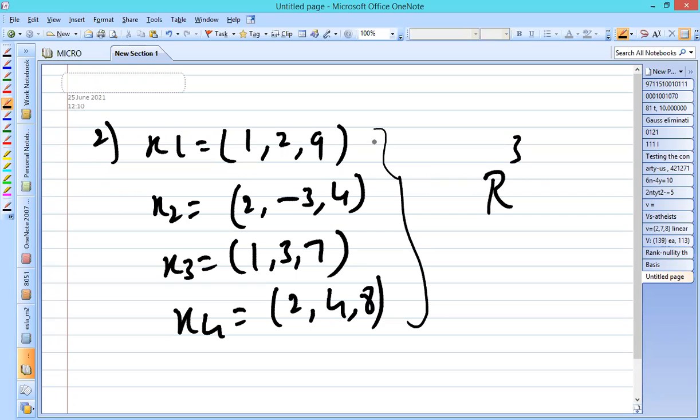Anyone? Whether it forms a basis or not. I need the answer either yes or no. Are you listening? Yes, ma'am. Whether it is forming a basis in R3? Yes, ma'am. Why?